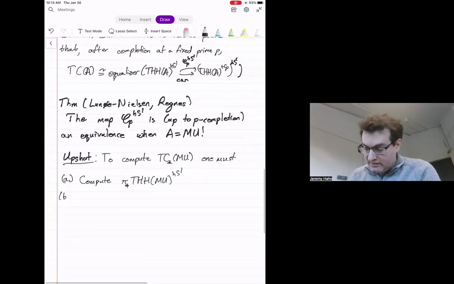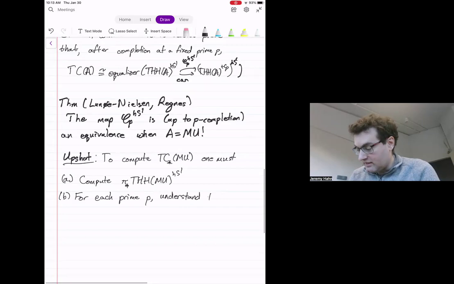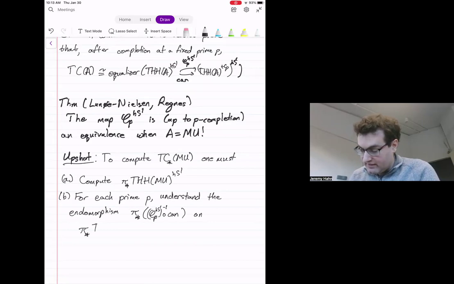And then for each prime p, understand the endomorphism pi star of, I guess we can go by the can map, and then the inverse of this equivalence, and this will be on pi star of THH of MU to the hS^1, p completed.